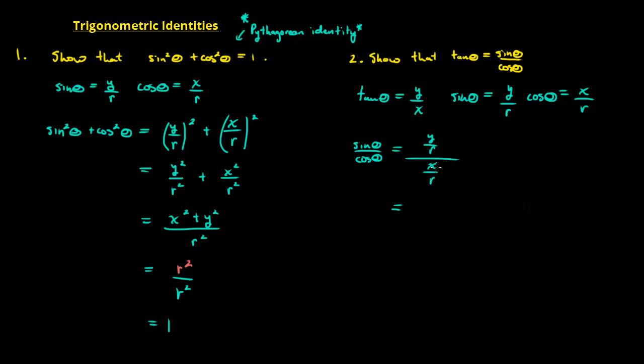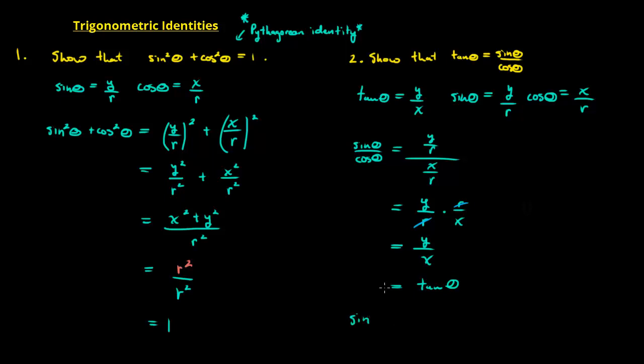So I can change this from division to multiplication by the reciprocal of x over r, where I have y over r times r over x. Now that I'm multiplying, I can divide out the factors of r. And what I'm left with is y over x, which is equal to tangent theta, as required.